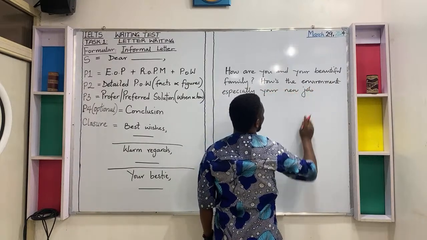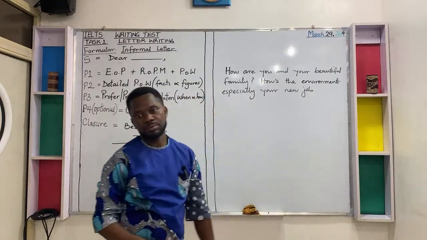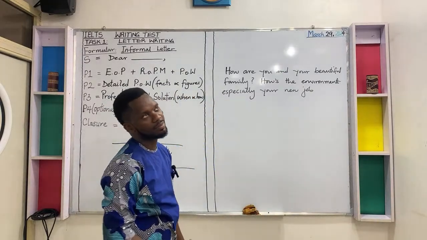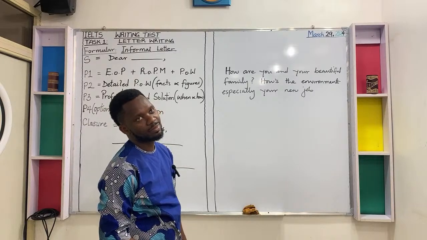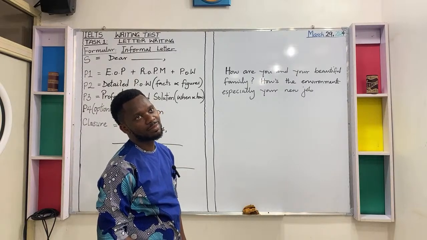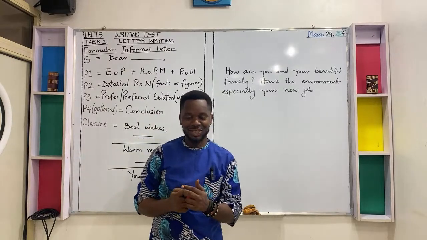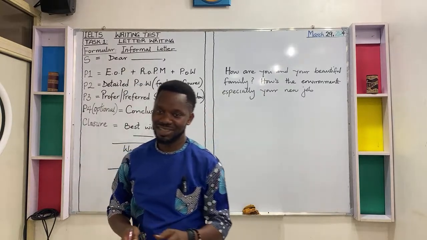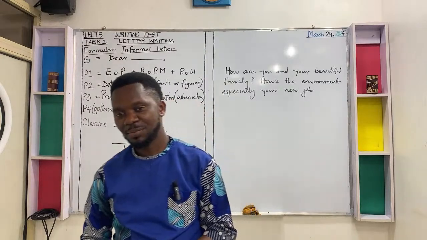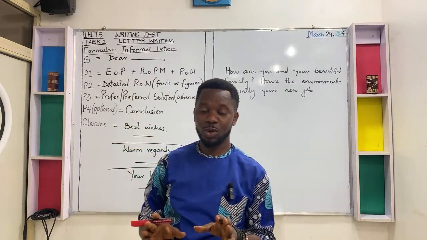The paragraphing. You give space from the beginning of the line before you start the paragraph, or you start everything from the same line, and it just goes to the next line. Okay. You know, we have traditional paragraphing template and we have the modern paragraphing. It depends on the one you prefer.